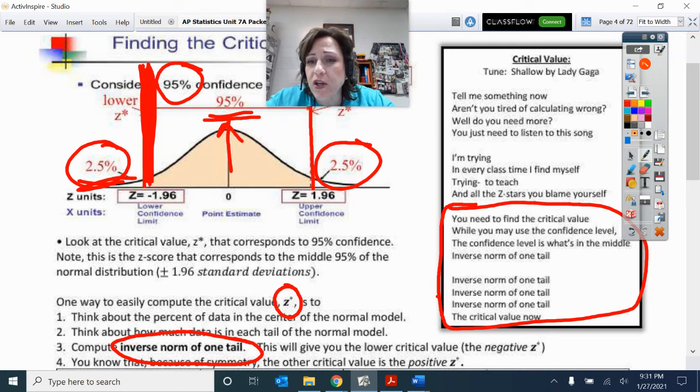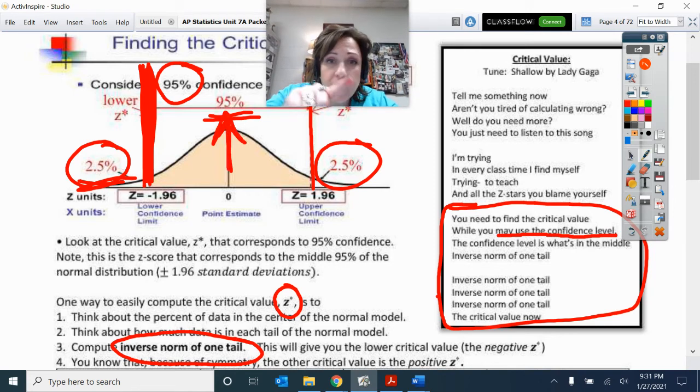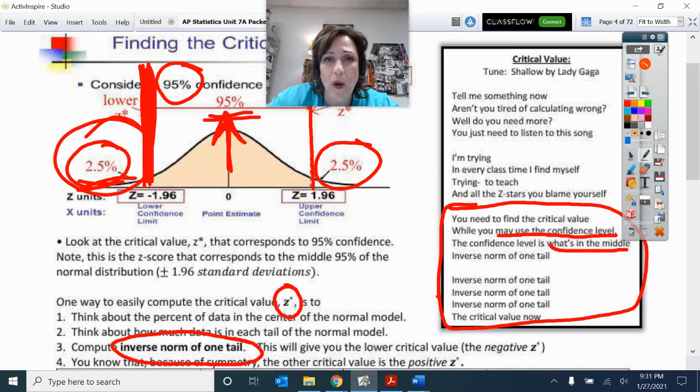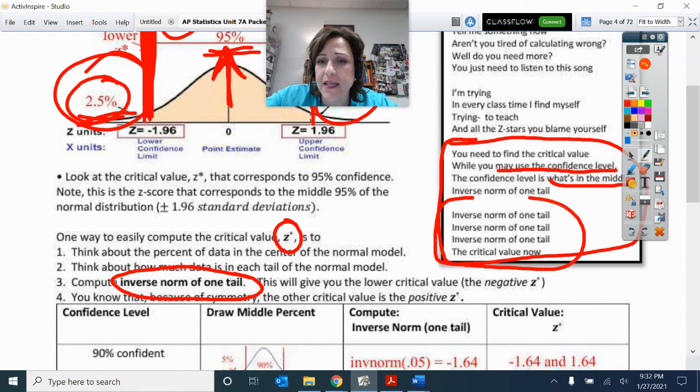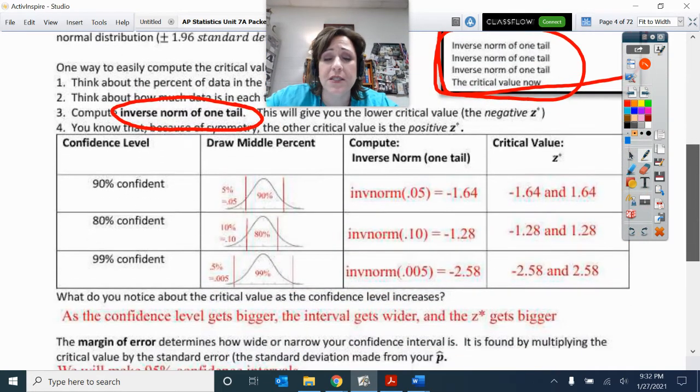You need to find the critical value; you may use the confidence level to do so. This confidence level is not your critical value, your z star. The confidence level is what's in the middle. You need to inverse norm one tail. Inverse norm of one tail, inverse norm of one tail.